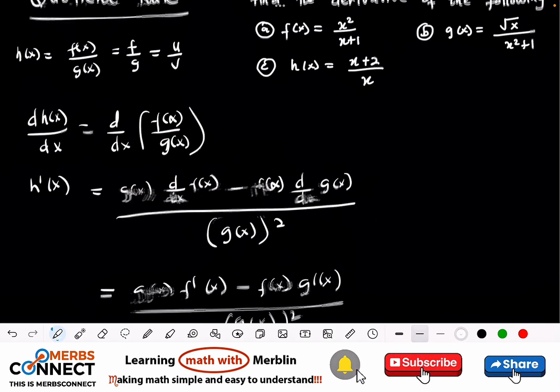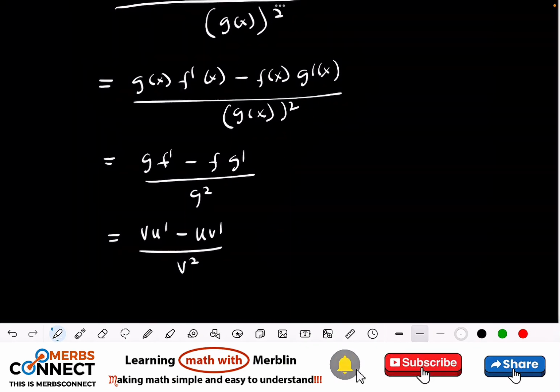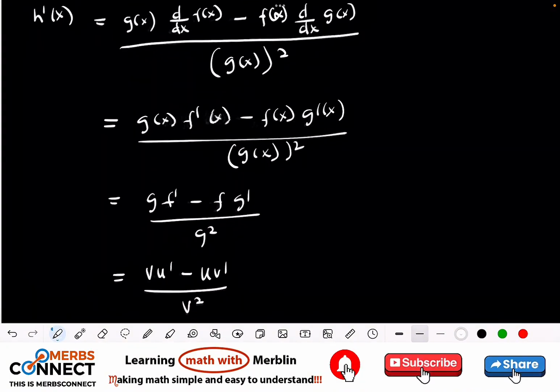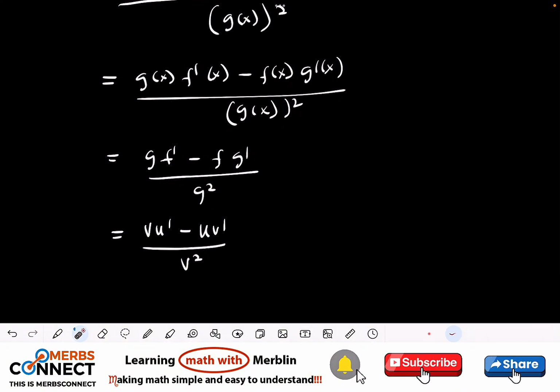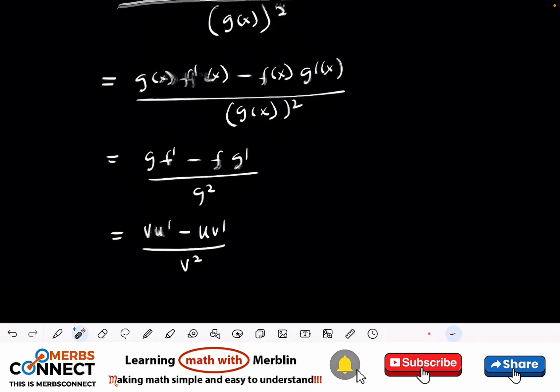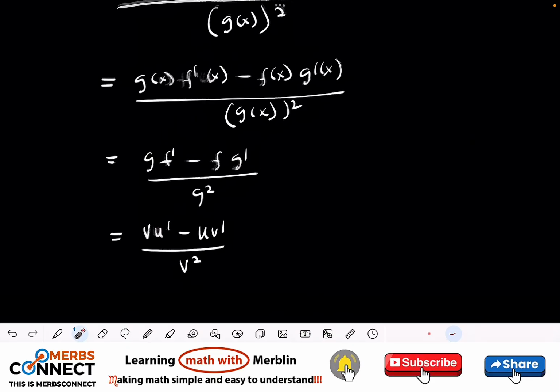Then you just go by that. So this is the quotient rule. Don't forget the trick. Make sure that always you maintain the g, which is at the down first, followed by differentiating the top, minus, now you maintain the top, differentiate the down, all divided by the downward squared, right?